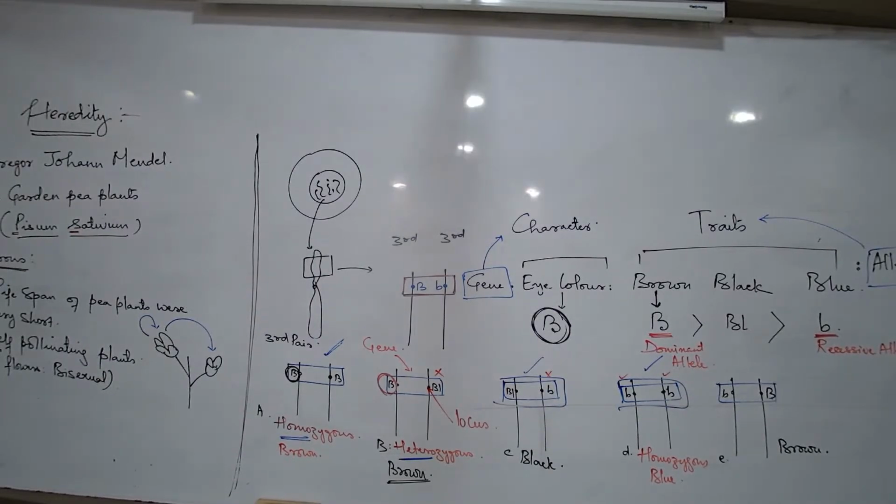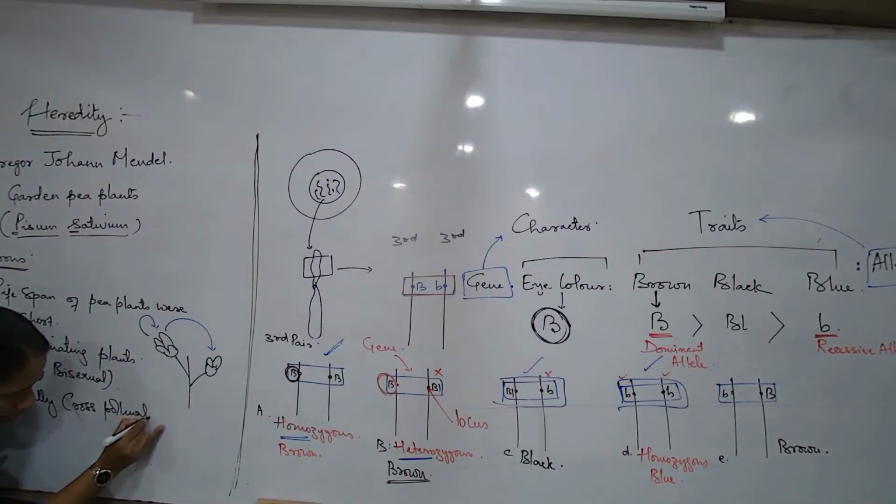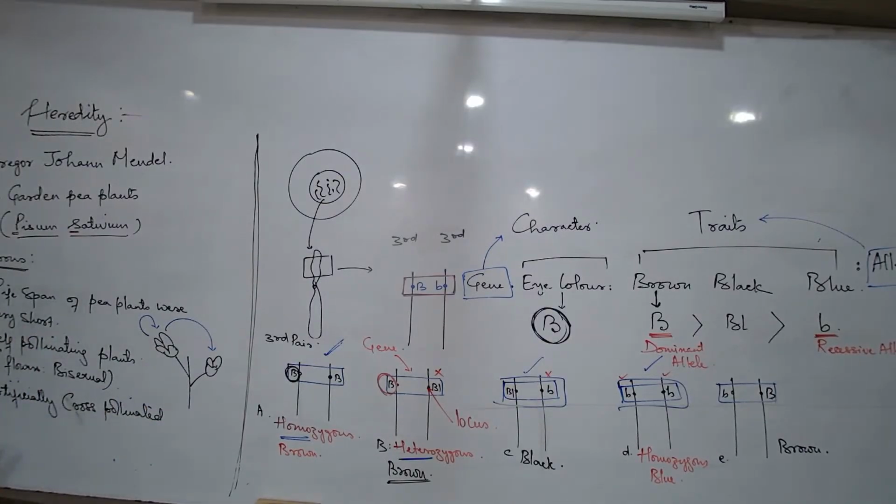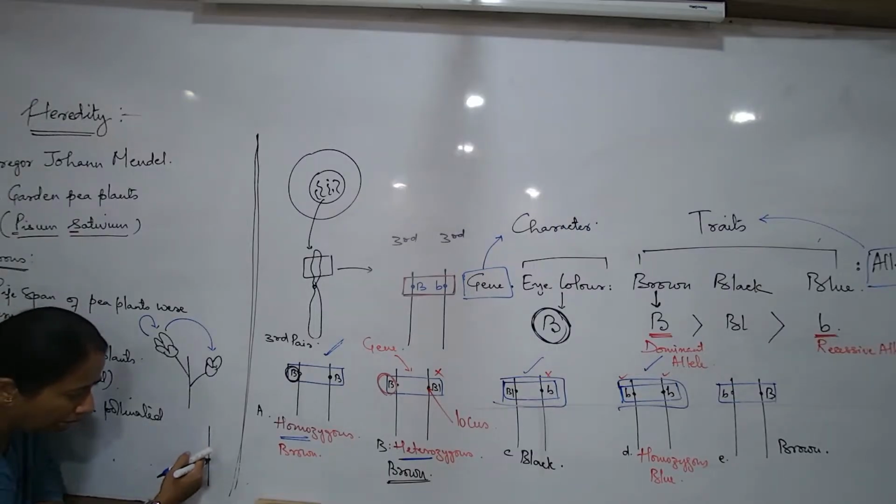So they can undergo the process of reproduction, fertilization. But they can also be artificially cross-pollinated. Now, what is cross-pollination? This is one plant, and these are the flowers of this plant.